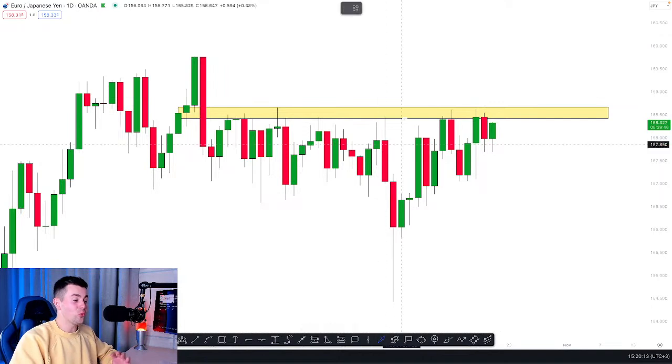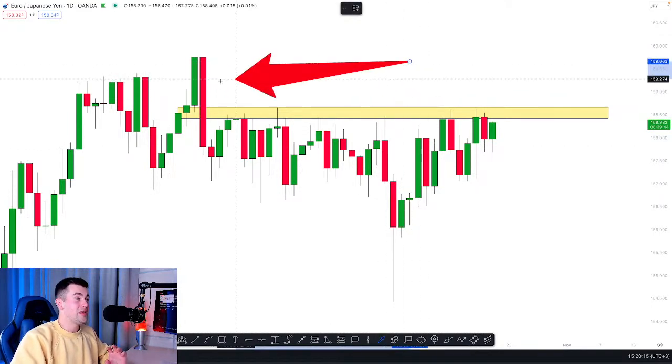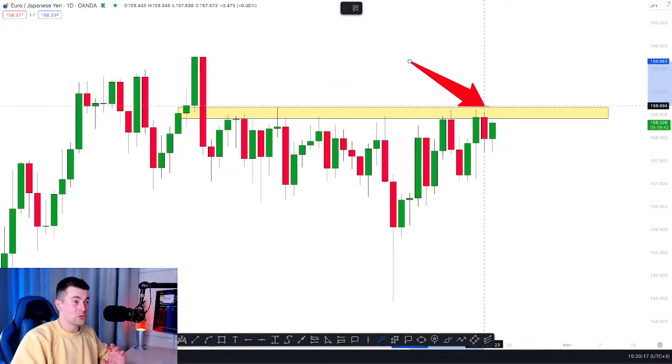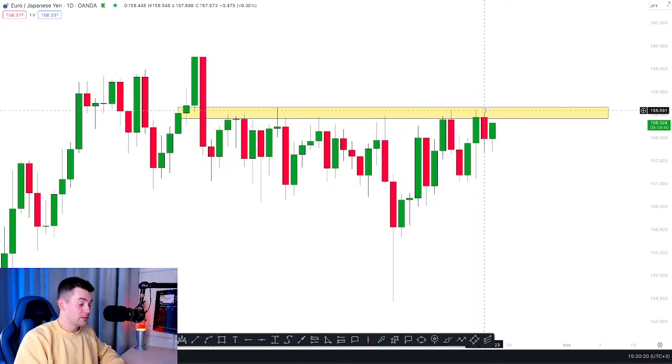So once the market is approaching a key structure, once the market is approaching a key level, start analyzing lower time frames. Check the intraday time frames and investigate the reaction of the price to the key structure. Look how the price acts there.